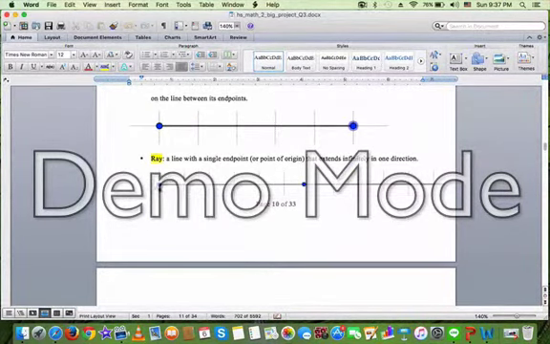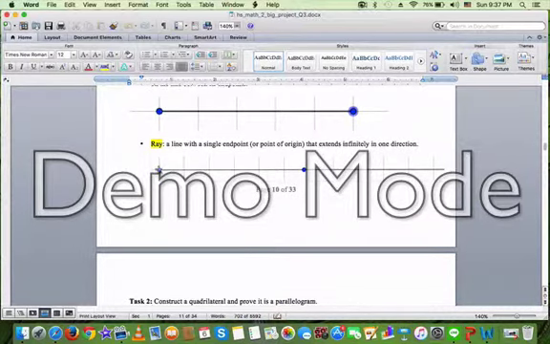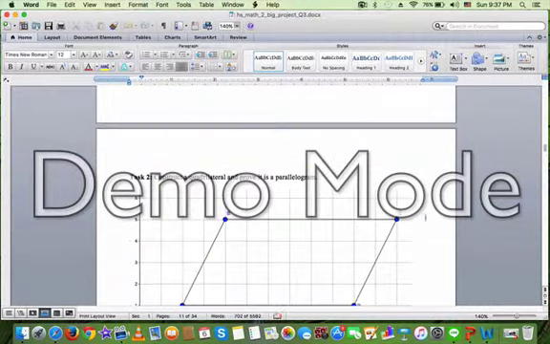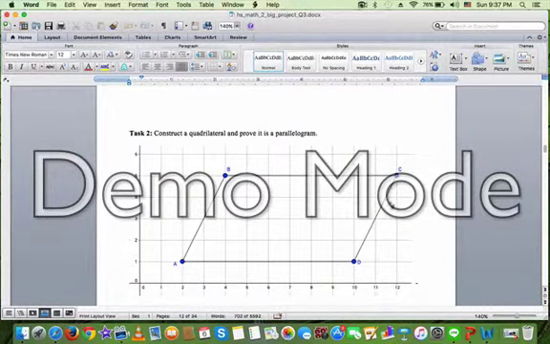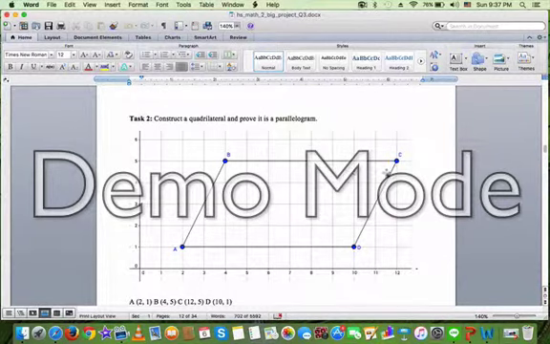A line is a collection of points that goes along and does not have an end point, but a segment does have end points. And the ray has one single end point and extends infinitely in one direction. So this is the end point and it goes in one direction.